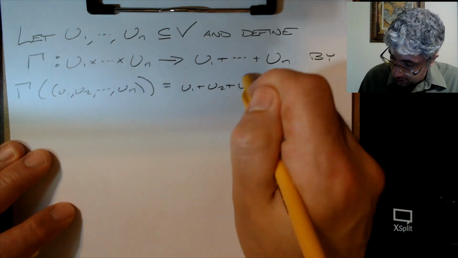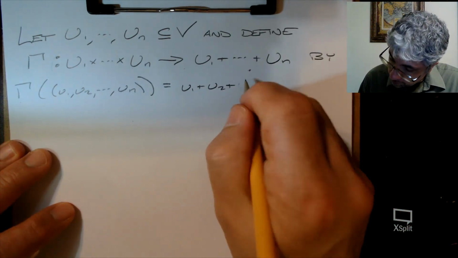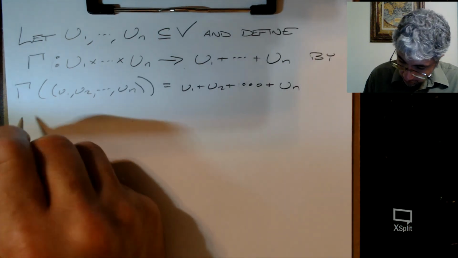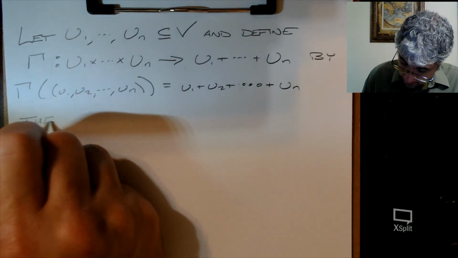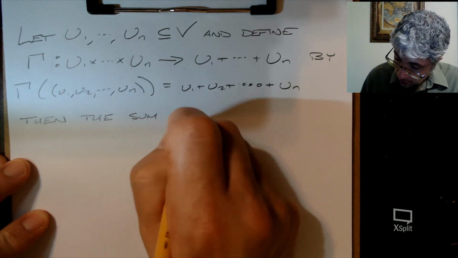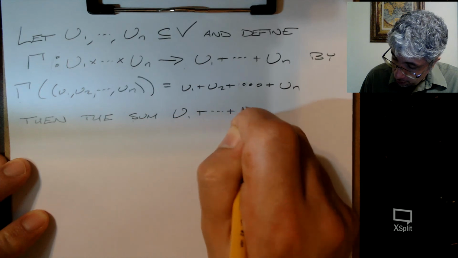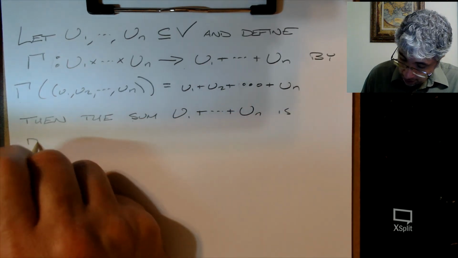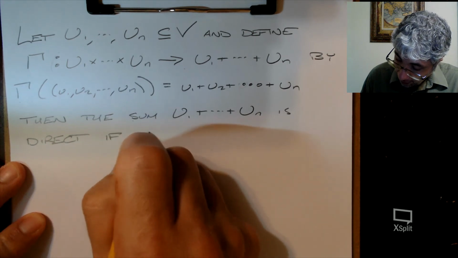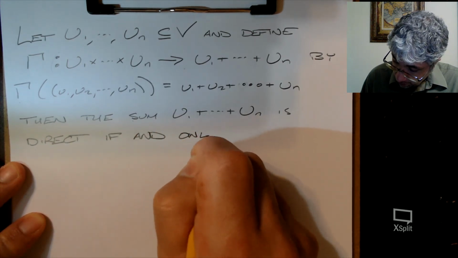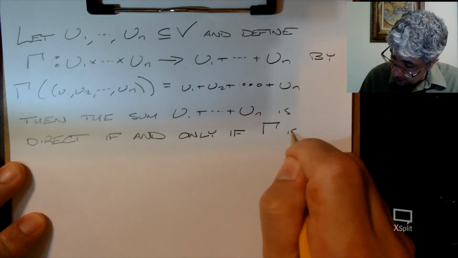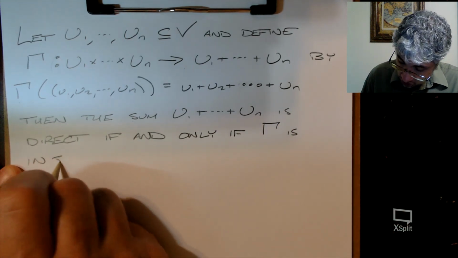I'll just do a dot, dot, dot. Then the sum U1 through UN is direct if and only if gamma is injective.